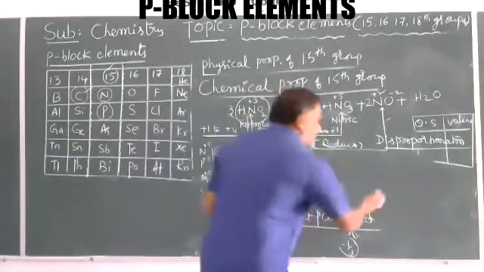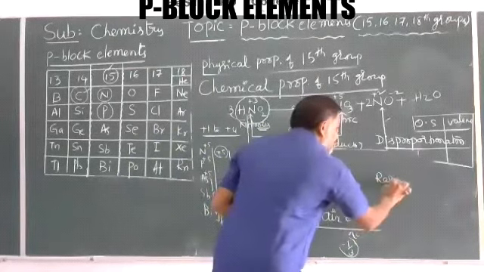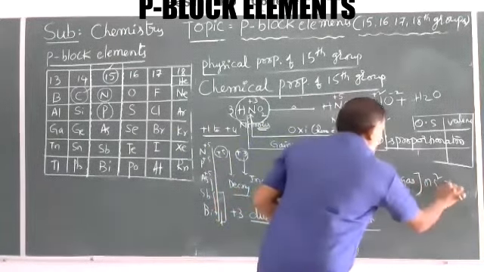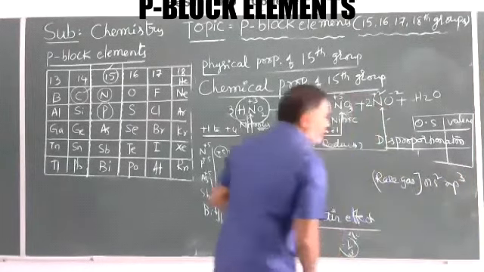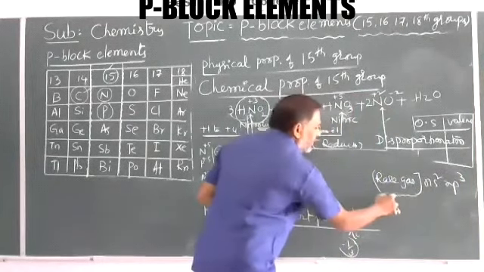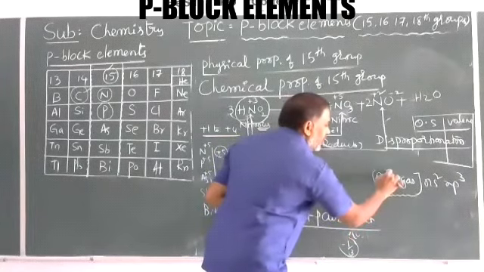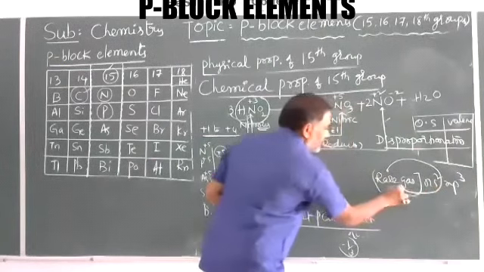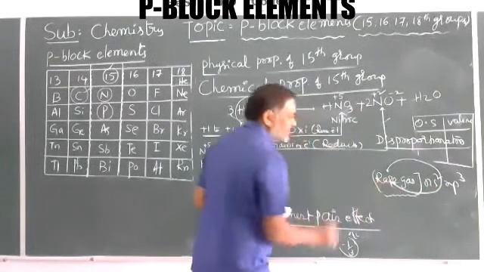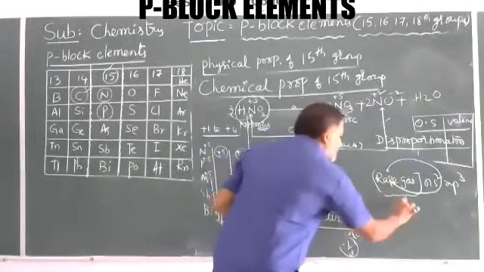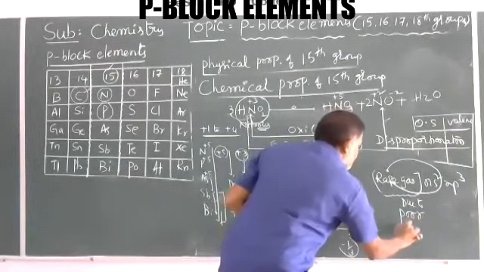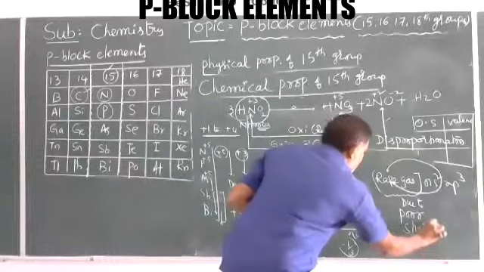Due to the poor shielding and screening effect of the inner electrons, the nuclear force directly influences the ns2 and np3 valence electrons and drags them towards the nucleus.